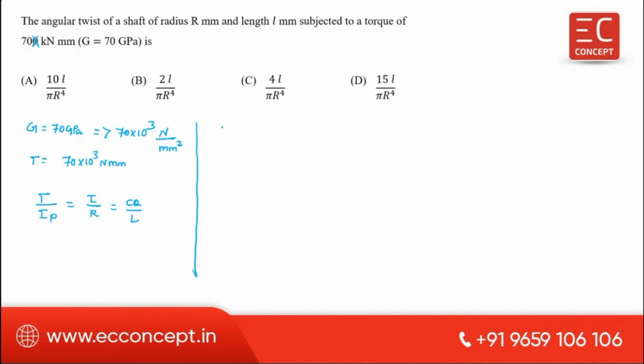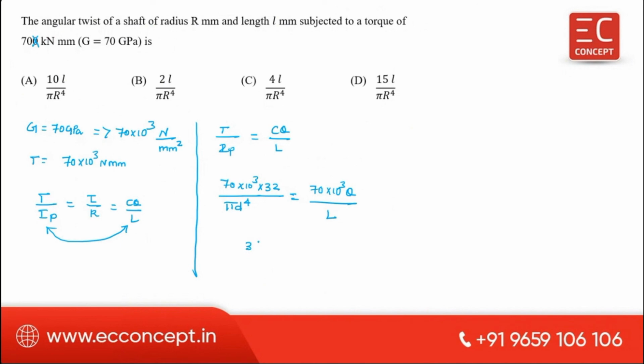You can equate these two, then only you will be able to calculate theta. T by Ip is equal to G theta divided by L. Now here the T value and G value are both the same, so you can ignore these two. What is Ip? Pi d power 4 divided by 32. It goes in the numerator. Next one is theta divided by length.